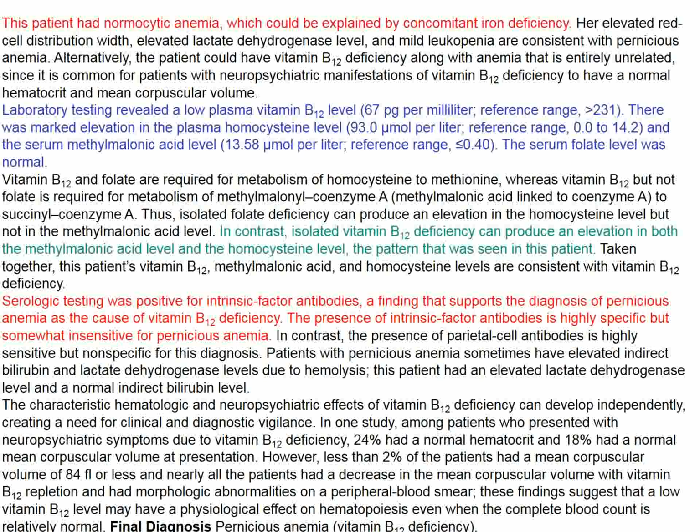And reports of serum iron concentrations aren't available, but it turns out that laboratory testing revealed a low plasma vitamin B12 level, and it's pretty low. She also has elevated homocysteine values, and methylmalonic acid level is substantially elevated, very much elevated.